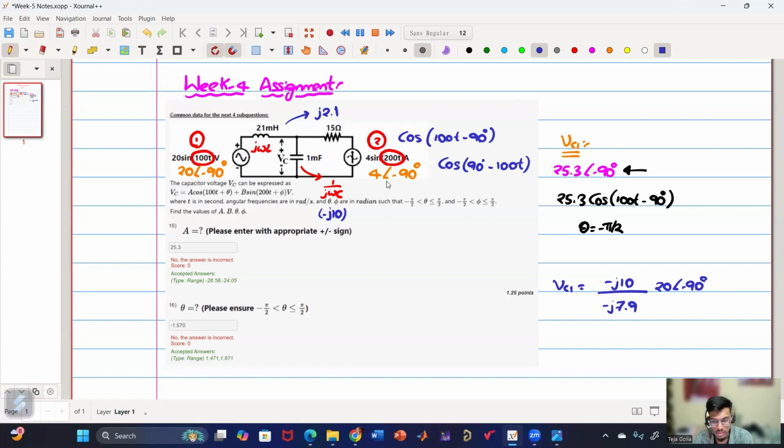So in that case, it is 7.9 by 10 into 20 angle minus 90. So you are getting 25.3 angle minus 90. So then in that case, there might be a mistake that they have committed. So what you can do is raise a question and ask saying that we are getting the other answer, not this.